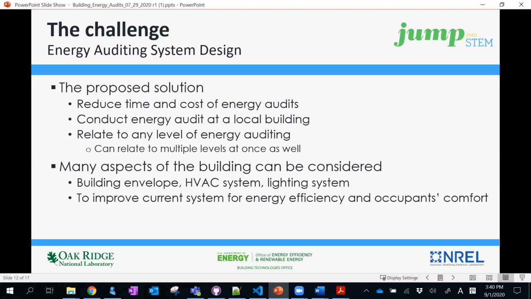For example, energy bill analysis, review of mechanical and electrical systems, building air tightness testing, and many aspects of the building, such as building envelope, HVAC system, and lighting system, to improve the current system for energy efficiency and occupants' comfort. The solution could expand on previous audit methods or develop your own innovative solutions.